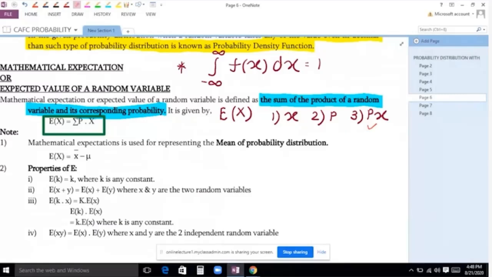Depending upon that, you can find the values of X and P, and by knowing them you can find the mathematical expectation or the expected value of a random variable.